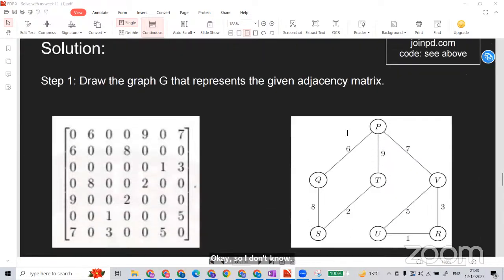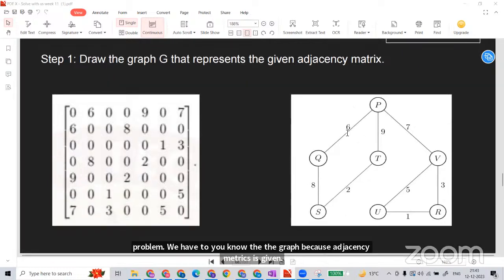Let's first draw the graph, because the adjacency matrix is given, and from the adjacency matrix we can easily get the graph. So the graph will be this.